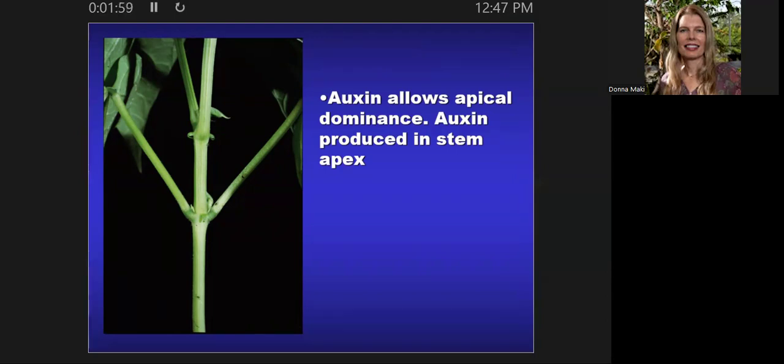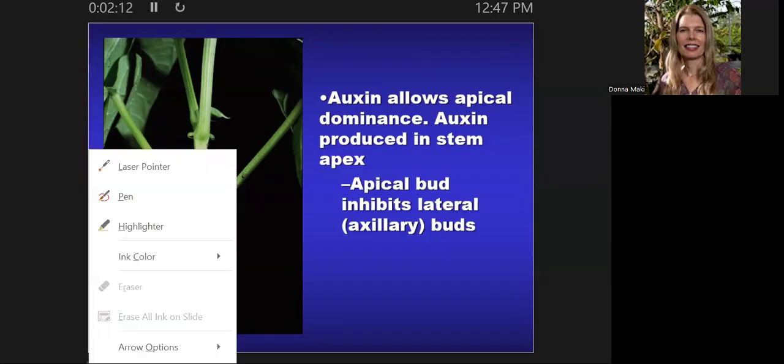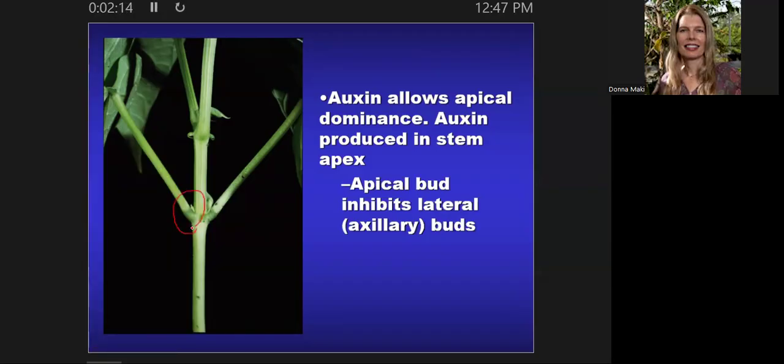And as it's flowing down the stem, it tells the axillary buds, which are further down the stem at the node regions. Okay, there's axillary buds right at the node regions that are also meristematic. They can start to get activated and send off branches and leaves.